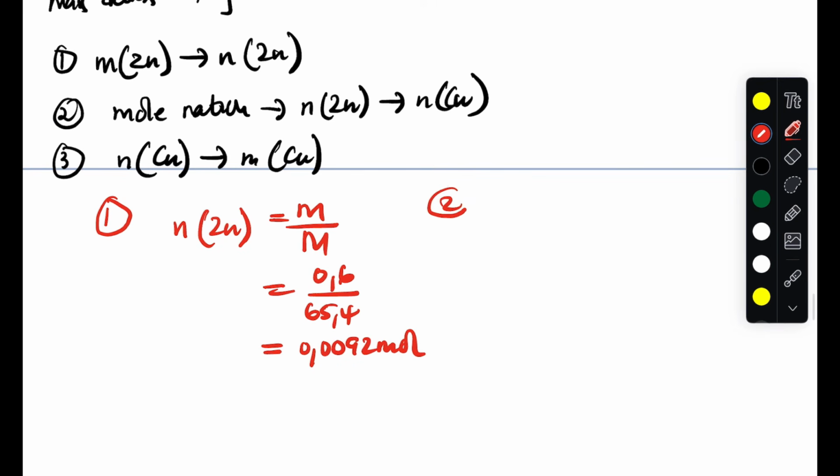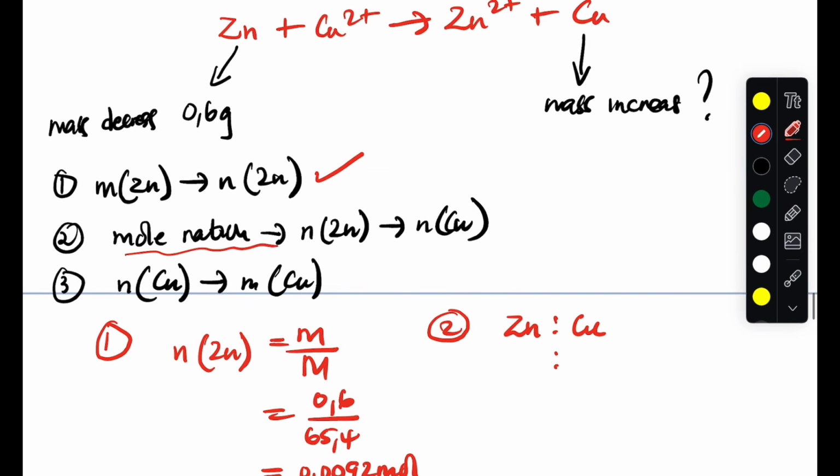We're done with step number 1, and then we'll do the mole ratio. The mole ratio of zinc to copper is 1:1.